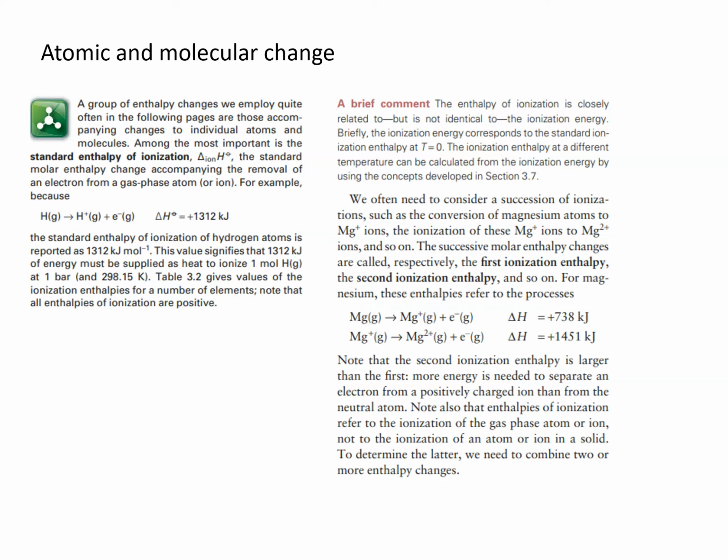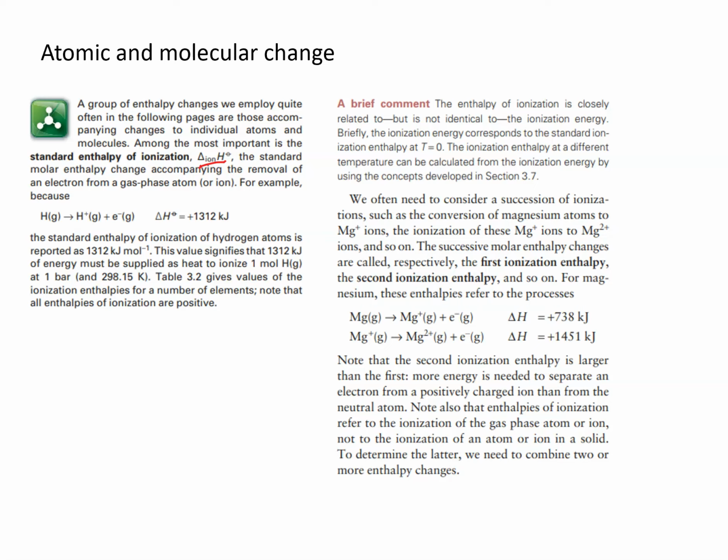So, moving along to atomic and molecular change, having wrapped up phase changes. A group of enthalpy changes we employ quite often in the following pages are those accompanying changes to individual atoms and molecules. Among the most important of these is the standard enthalpy of ionization, which we see here. The standard molar enthalpy change accompanying the removal of an electron from a gas phase atom or ion.